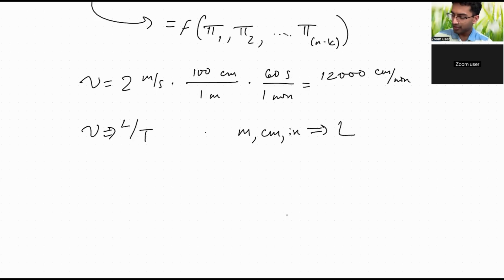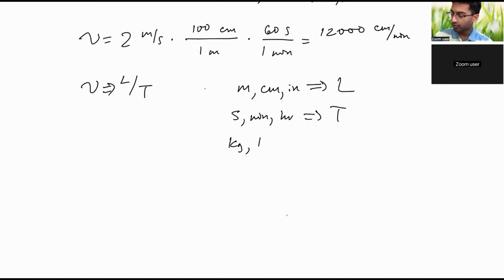Things like seconds, minutes, hours, these are units of time. Things like kilograms or pound mass or slugs, which is a crazy name, by the way, this is mass. Once we get into thermodynamics, we have stuff like temperature. So Fahrenheit, Celsius, Kelvin, these are all temperature.